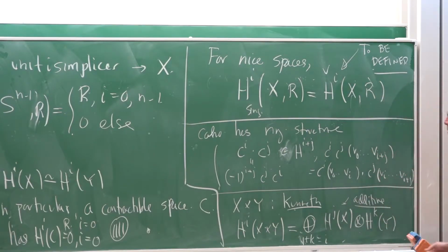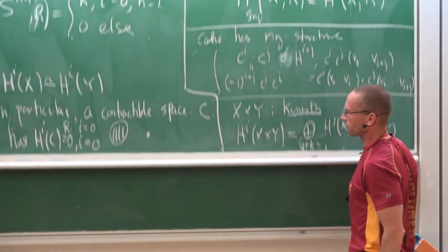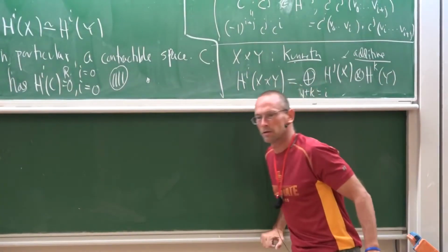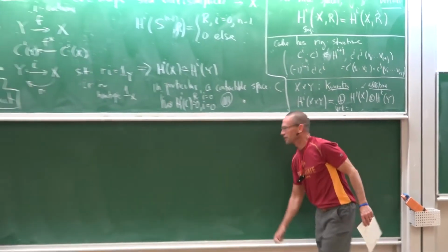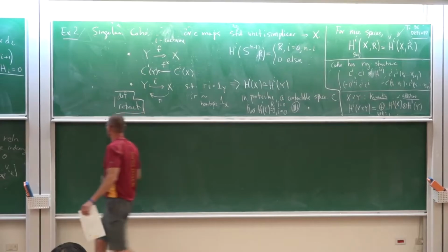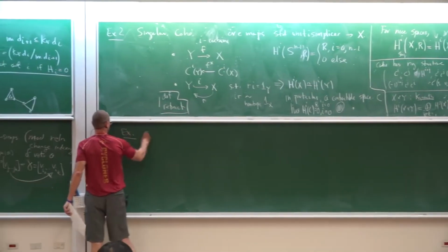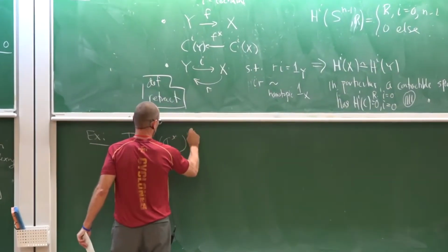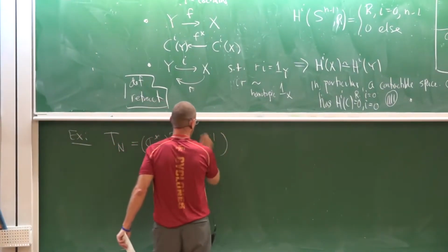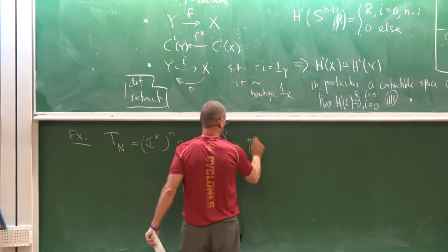And so, a quick example of the Künneth formula. What's the nicest sort of product space that we've been working with so far? The torus, right? So we should do this for the torus. T^n is (C star) to the n, which we know is homotopic to (S^1)^n cross R^n.